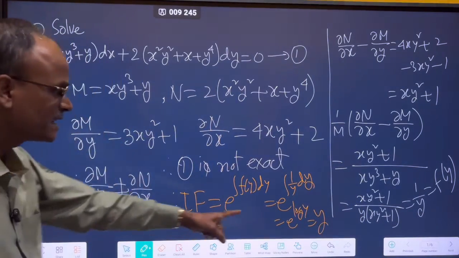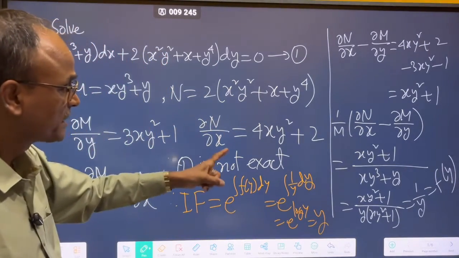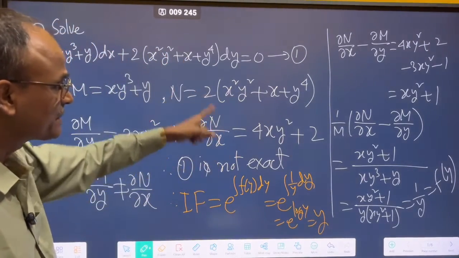Multiply the differential equation 1 by the integrating factor.